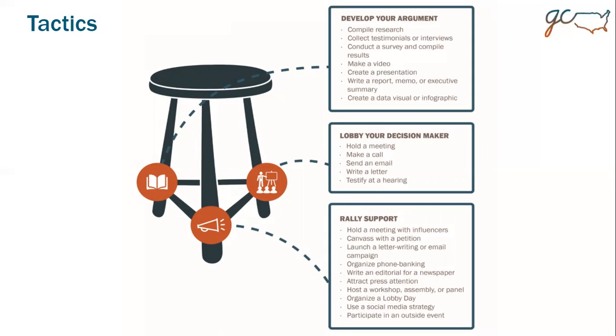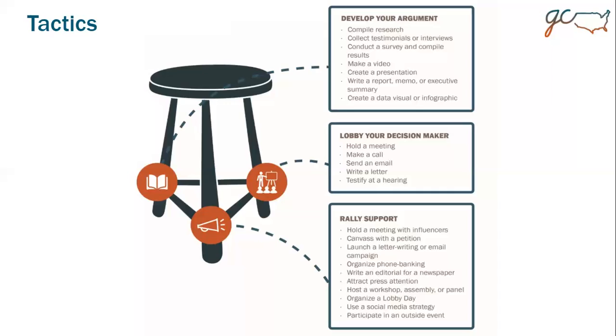And it's important to have all 3 because if you're trying to lobby your decision maker or rally support, you need to have a really strong argument for why people should join your cause and why the decision makers should make any movement on the issue you're trying to change. If you don't lobby your decision maker, then there's not going to be any movement on it.